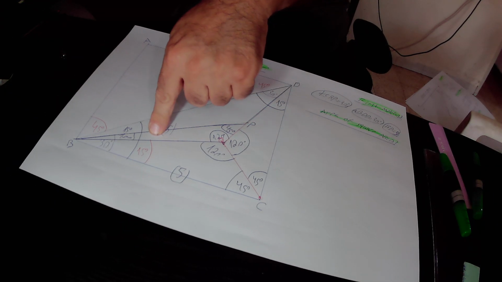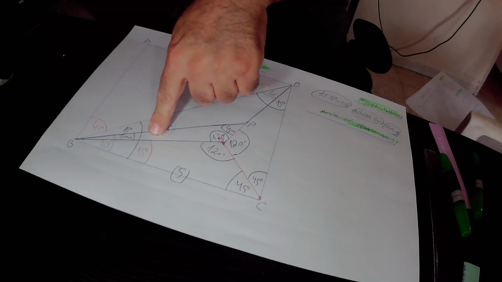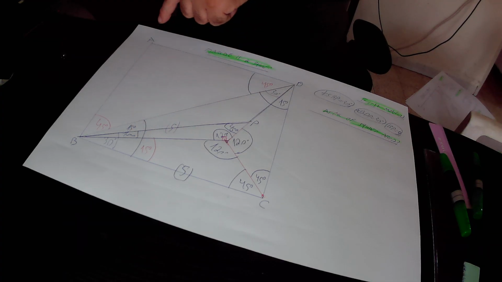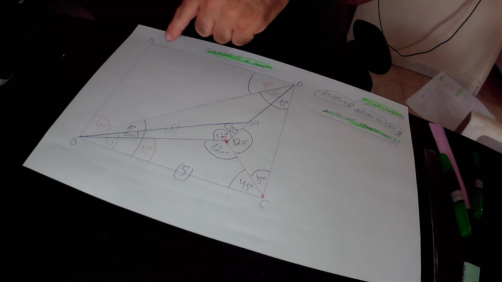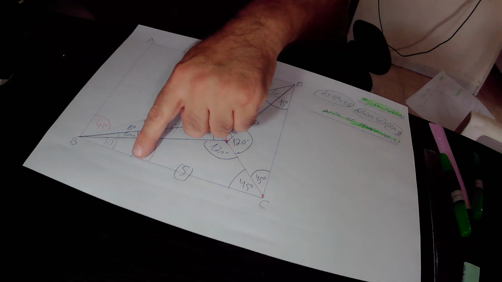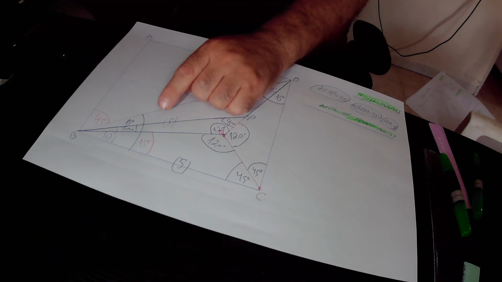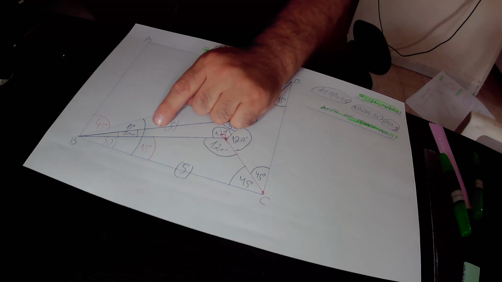What is the size of angle PBQ? The first half of angle ABC is 45 degrees. The second half of angle ABC equals 45 degrees. So this angle total equals 45 degrees. So 15 degrees plus 15 degrees plus the missing angle total must be equal to 45 degrees, according to the rule that the diagonal of a square bisects the angle of the square.